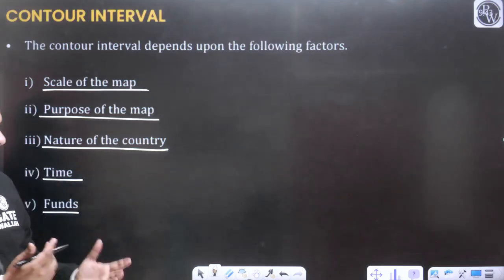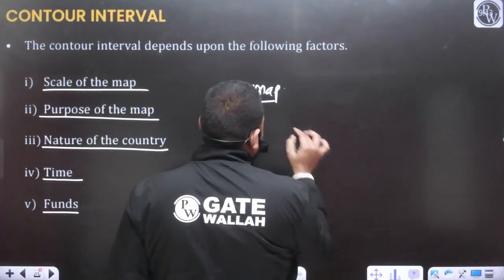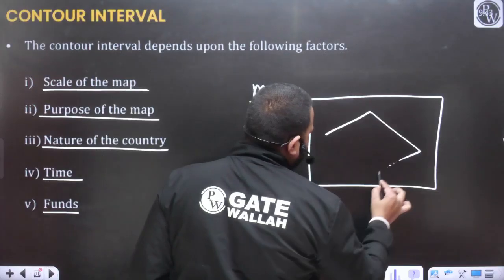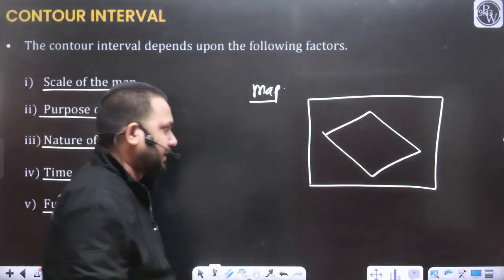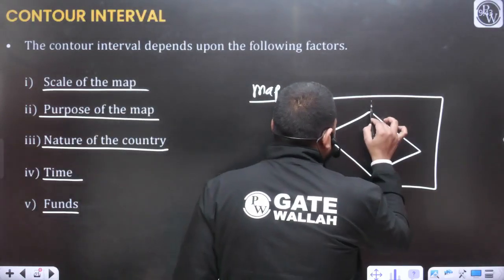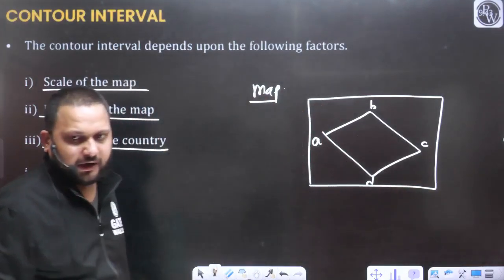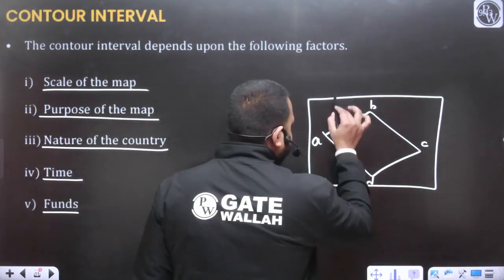So the situation is like this. We have discussed the map and scale. For example, I have prepared this map, and 4 objects were there in the field: small a, small b, small c and small d. Now what are you saying? Sir, for the same map, take a different scale.